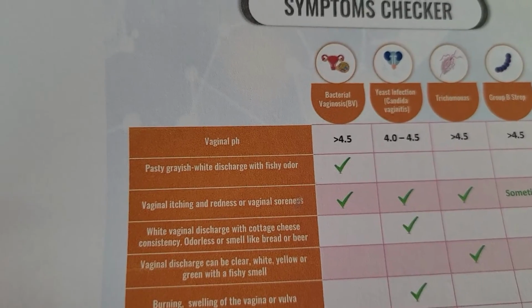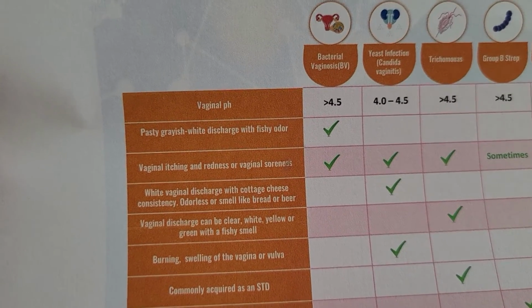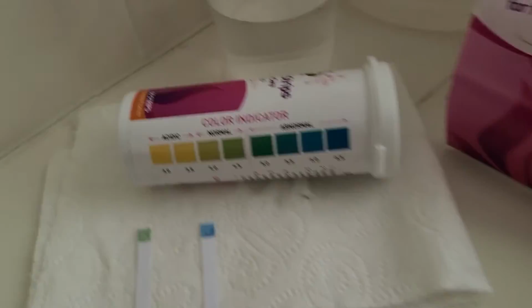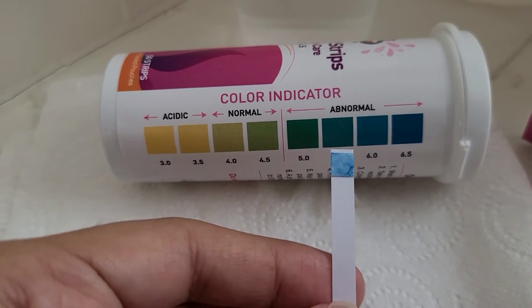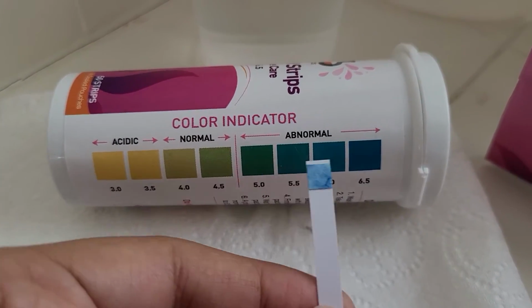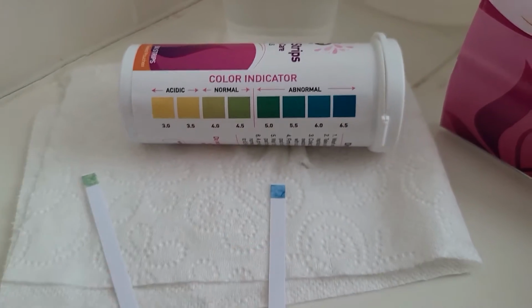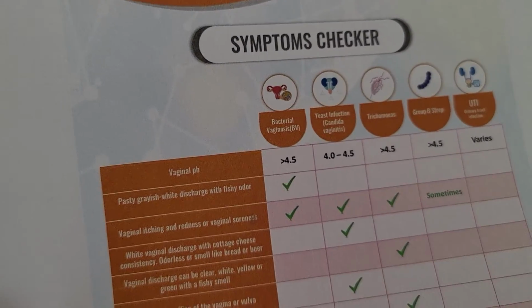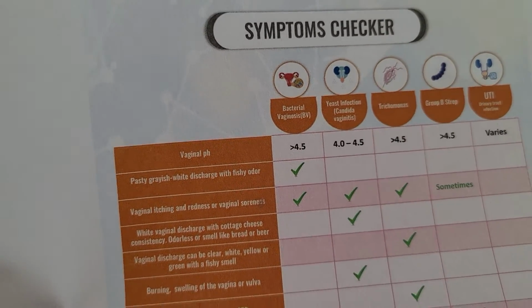If on the other hand, you have symptoms of bacterial vaginosis, or even just some vaginal itching and redness and not much else, and you're not sure what it is, you do your test and get a result in the abnormal range, greater than 4.5, in the 6 range, then you know that it's probably not a yeast infection, and likely it's bacterial vaginosis, because that's the other most common of the vaginal diseases.